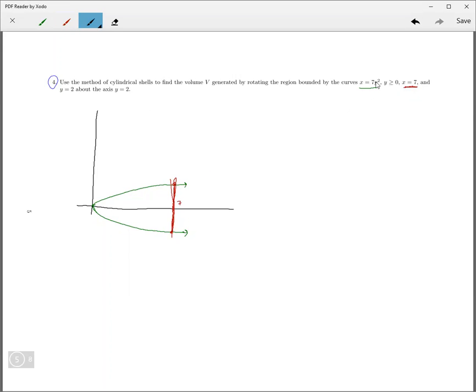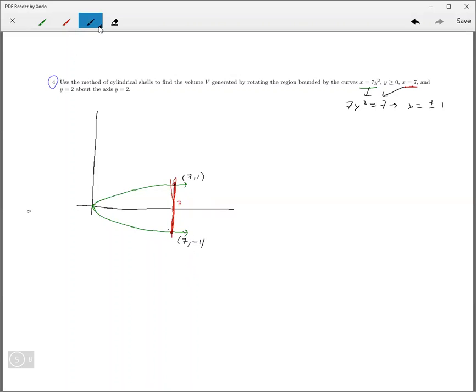If you set 7y squared equal to 7, you have y is plus or minus 1. So this is 1, that's negative 1. So this intersects at the point (7, 1), and this is (7, negative 1).